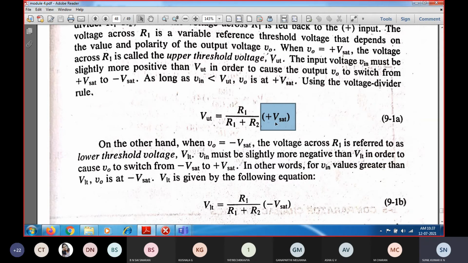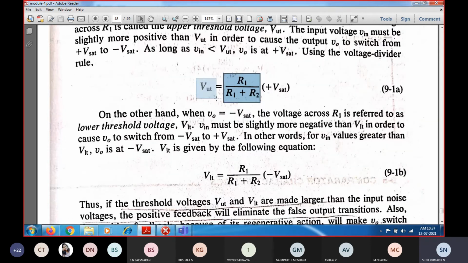By using this, you are going to design the values of the R1 as well as R2 resistors. VUT will be given, and VLT, the lower trigger point voltage, also will be given. Based upon the upper trigger as well as the lower trigger point voltage, you are going to design the circuit with the resistances R1 and R2. That is a potential divider of R1 and R2.